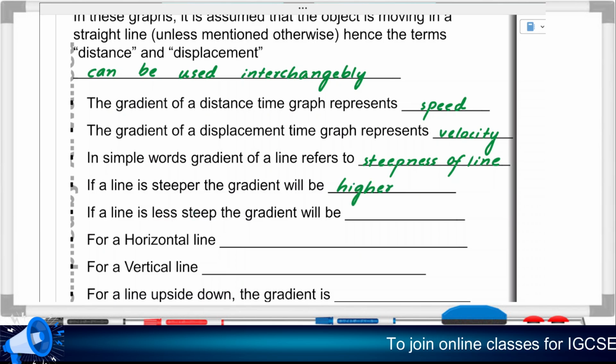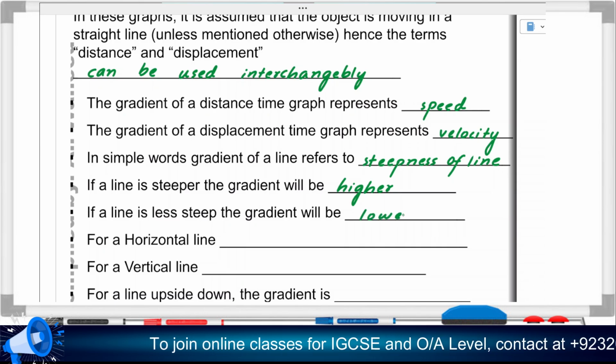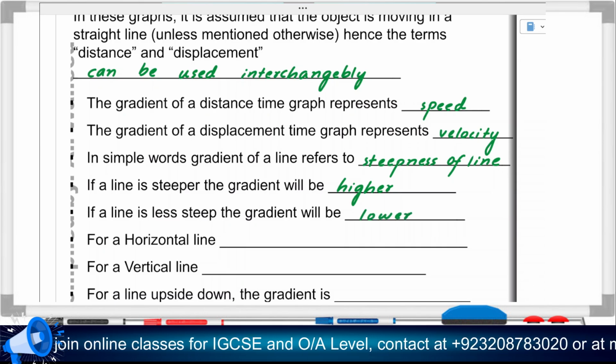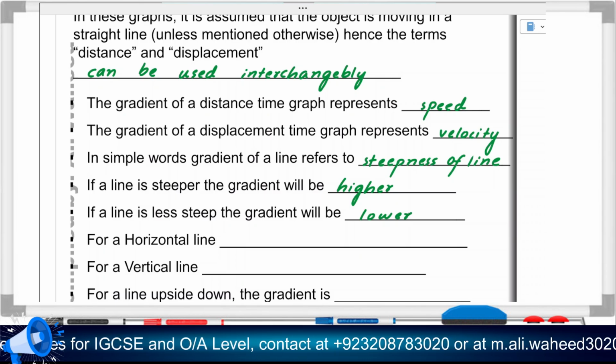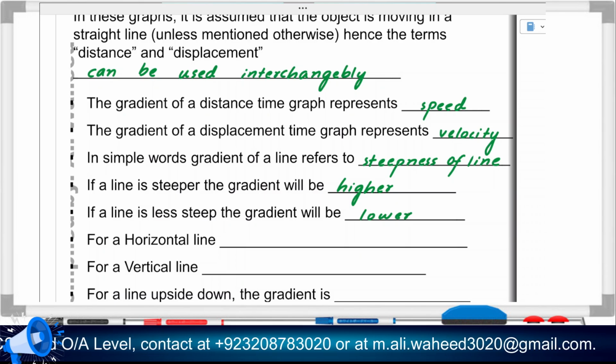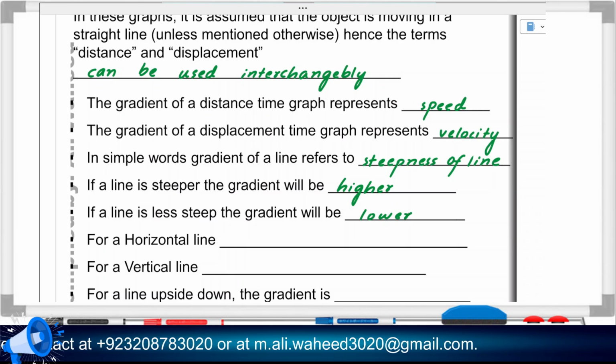If the line is less steep, the gradient would be lower. So a steeper line means more of a vertical line, and a less steep line means more of a horizontal line.